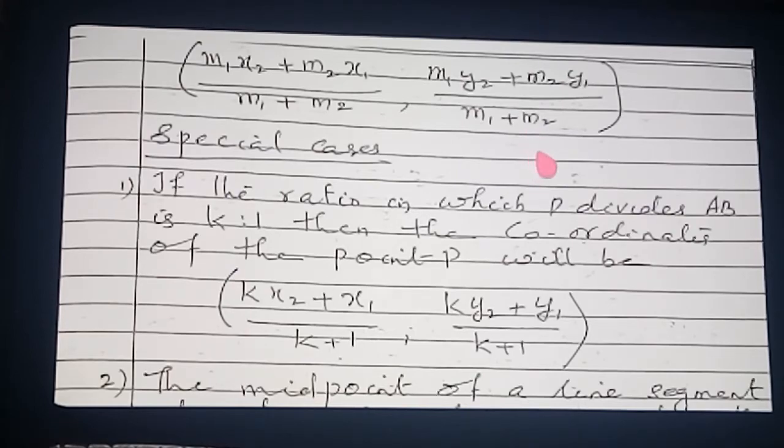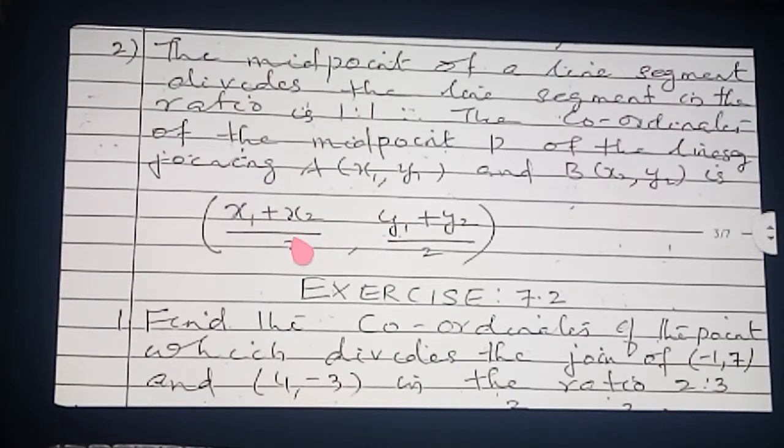That means, what is the formula for the midpoint? This is very important. Several places we are applying it. Formula for finding out the midpoint can be asked in MCQ also. Very, very important one: (x1 plus x2) by 2, (y1 plus y2) by 2.